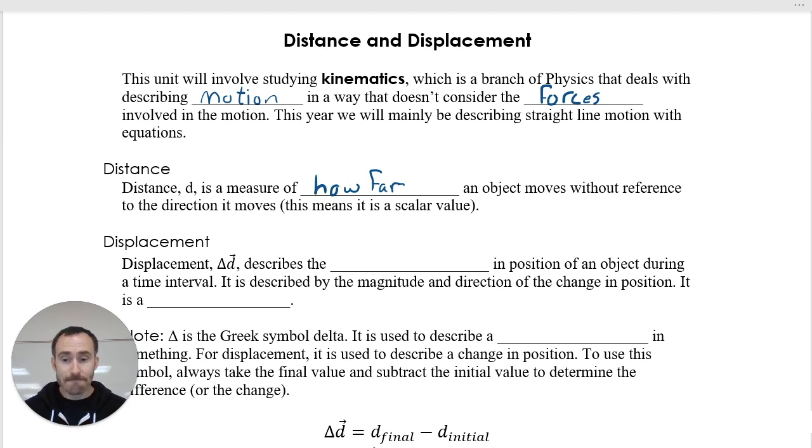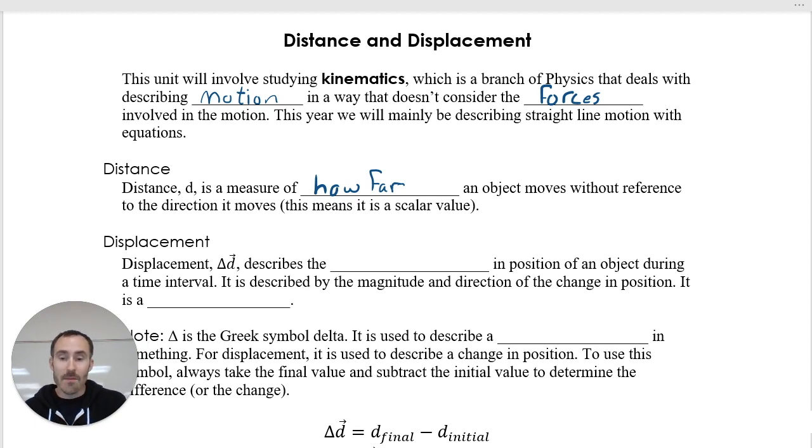Displacement, however, describes change in position. Although when I run 100 meters, I've changed position by 100 meters, probably, displacement is a bit more specific about it. We have to take into account the direction that change in position happened, and the path might make a difference as well. Not to displacement, but to the difference between distance and displacement.